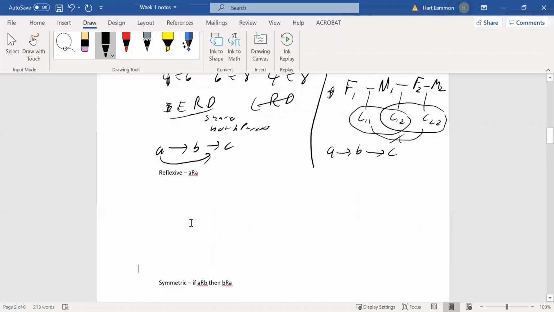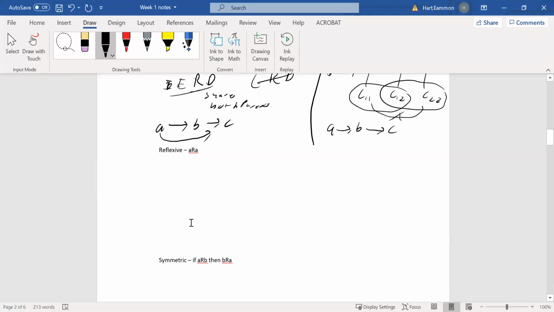Reflexivity is another useful property. This means that all of the elements in your set relate to themselves.